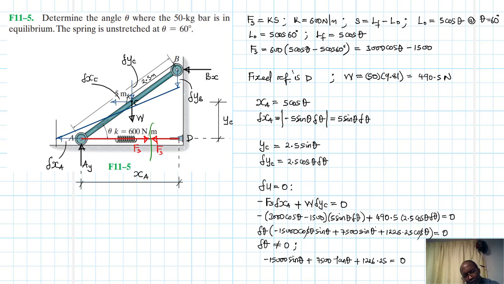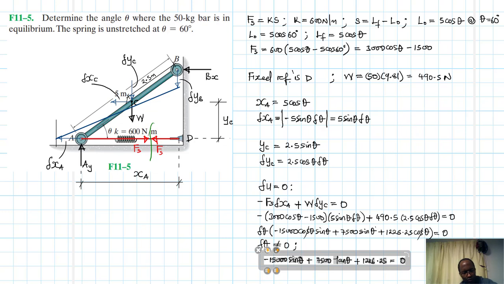Okay, so we need to solve this particular problem. How best can we solve this? We have sine, we have tan.